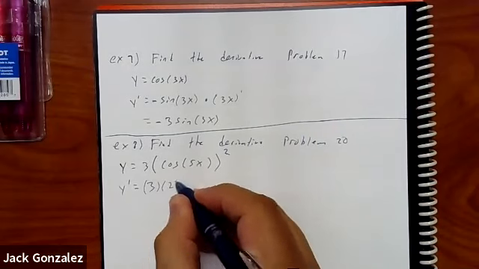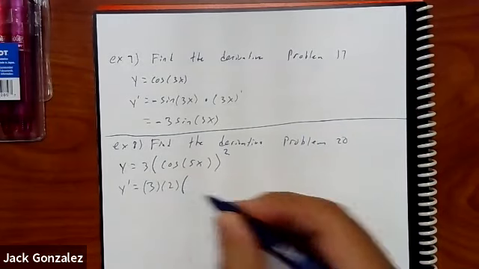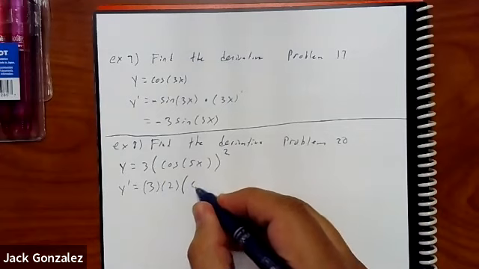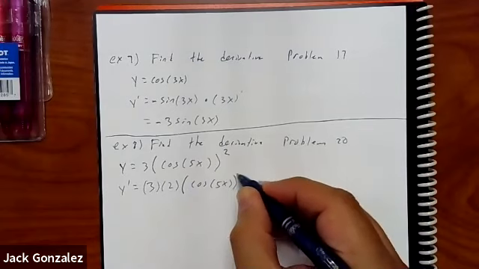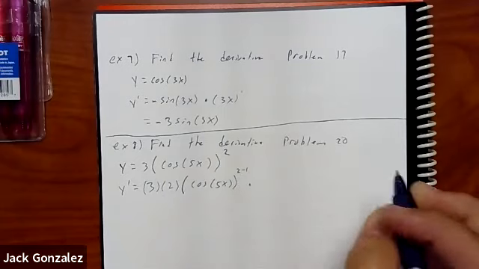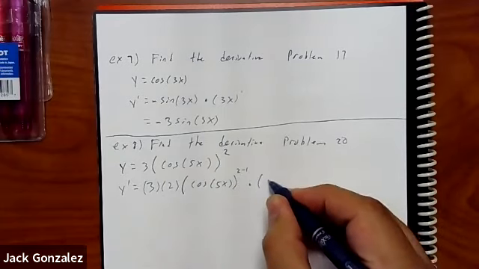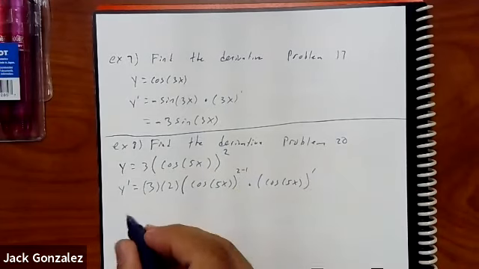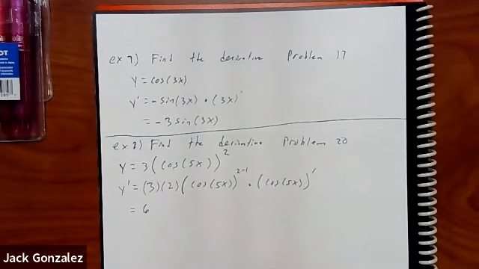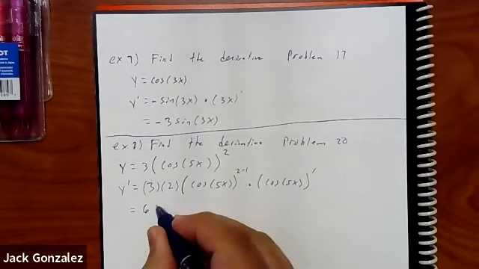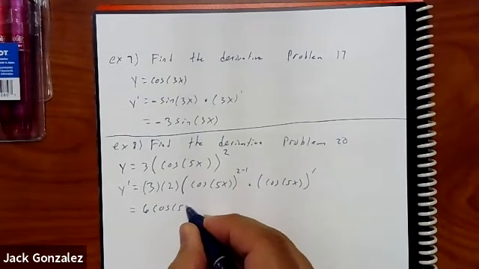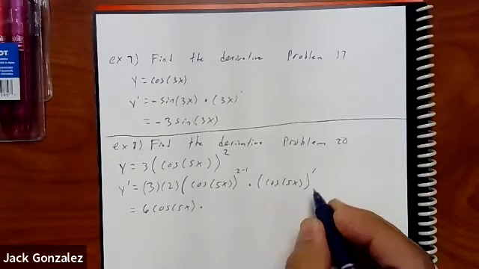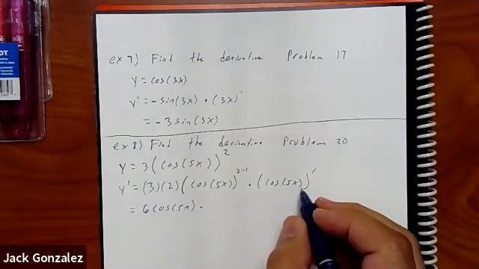So 3. So derivative of the outside, don't mess with the inside, times the derivative of the inside, right? Show extra steps because we have three pieces here. So that'd be cosine of 5x to the first, times what's the derivative of cosine 5x?